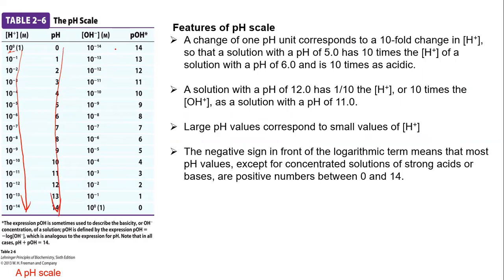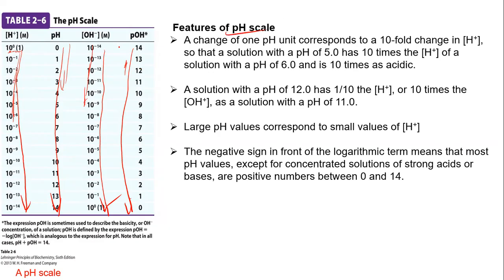Now, if we come here, the concentration of the OH minus ions is increasing, and the pOH should be dropping. So it makes sense. When this one is decreasing, the value of the OH minus is increasing, right? And then the pH is increasing, the pOH is decreasing. Very simple. Good.